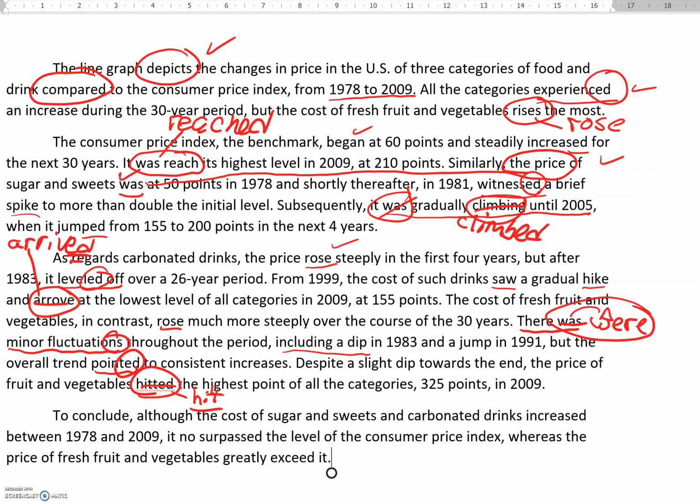Right, conclusion now. To conclude, although the cost of sugar and sweets and carbonated drinks increased, okay, good, past tense, ED, between 1978 and 2009, it no surpassed. So this is a mistake with the negative form in the past. You might recall that with most verbs, right, we use didn't or did not, right?